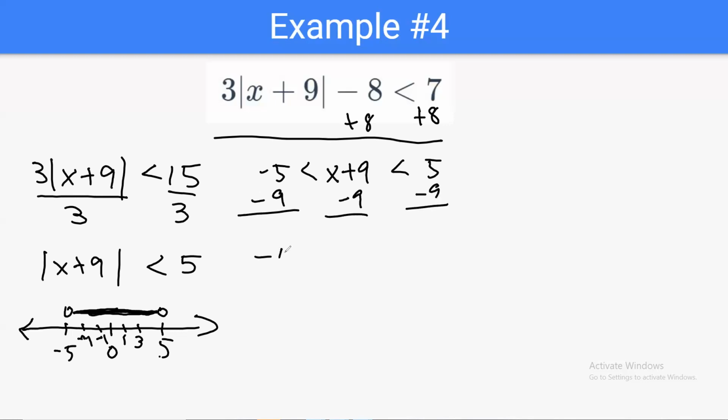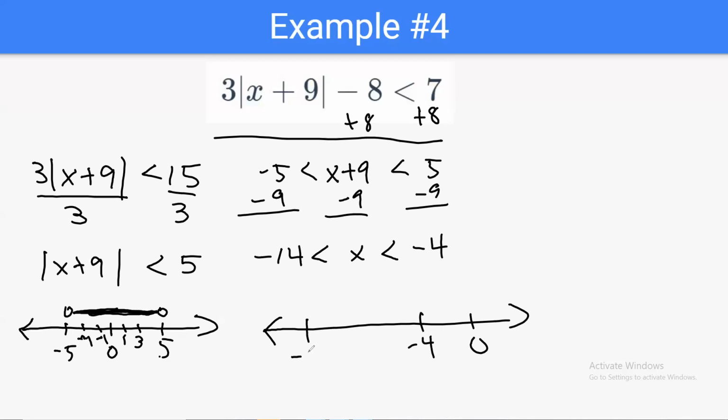So it gets negative 14 is less than x, which is less than negative 4. And then when you graph this, 0, negative 4, negative 14, open circles because it's just less than, and right in between. Okay?